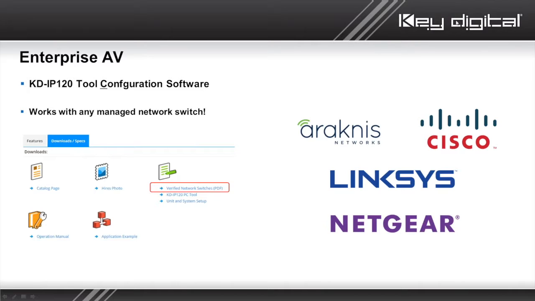The competition will force the integrator to use maybe one or two different brand network switches. Why? Because they have a wizard that auto configures your network switch as needed. Sounds great, right? Sounds convenient?